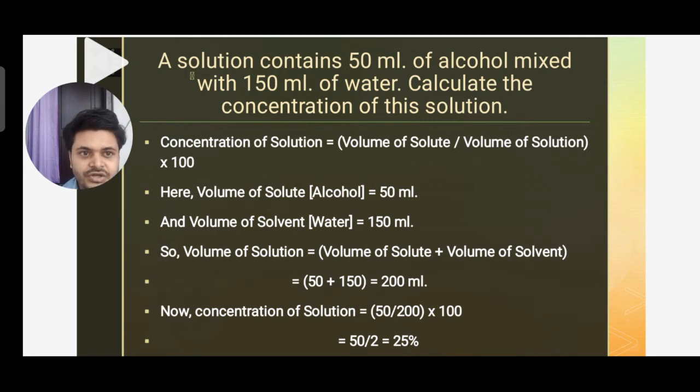It is volume of solute by volume of solution into 100. You can see the formula I've written on top. First we calculate the volume of solution, then put it in the formula and the answer will come. It's very easy.